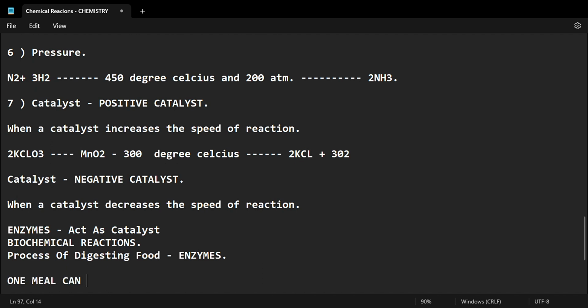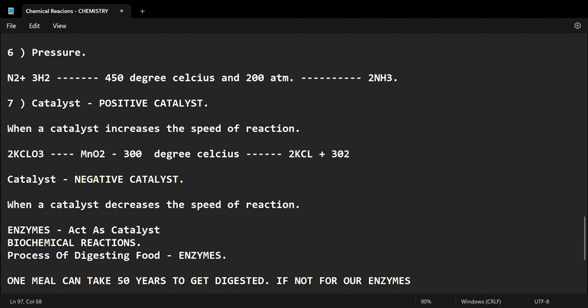One meal can take 50 years to get digested if not for our enzymes. If our enzymes were not there, our meal would take about 50 years to get digested.